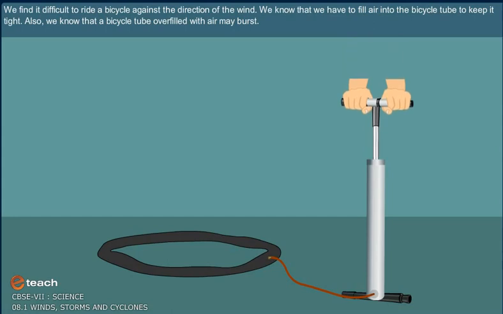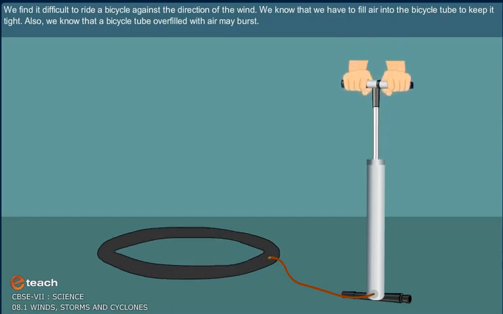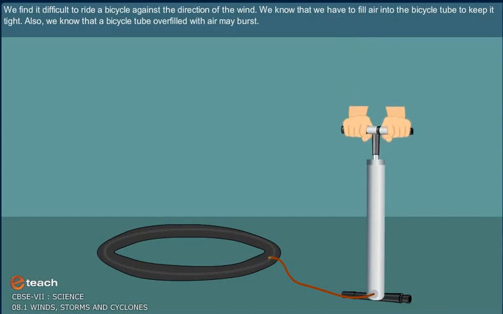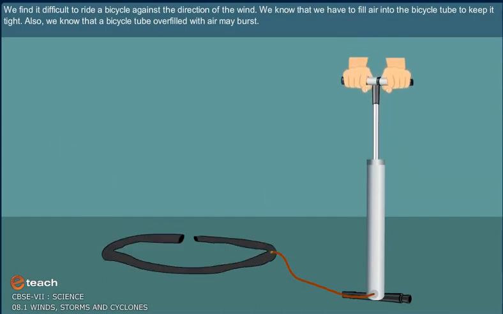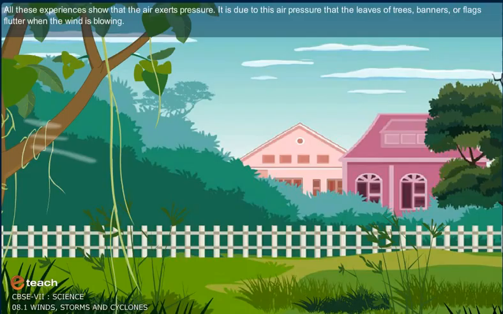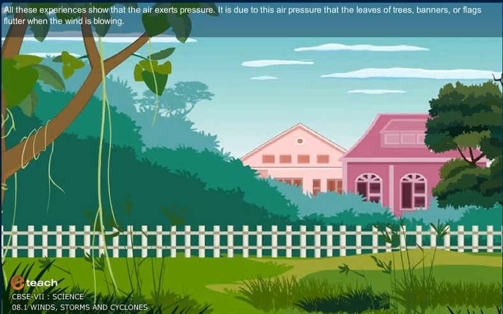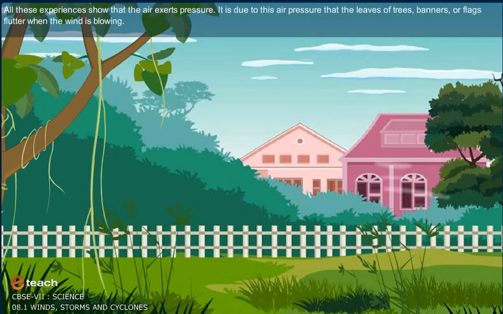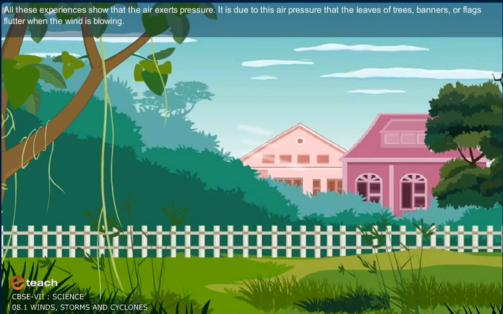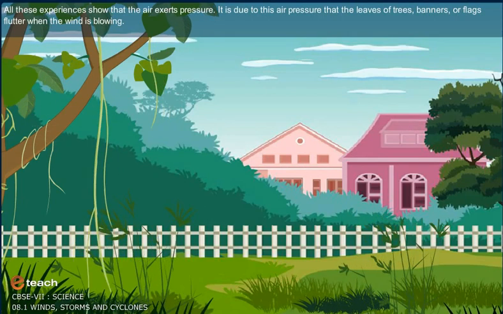Also, we know that a bicycle tube overfilled with air may burst. All these experiences show that air exerts pressure. It is due to this air pressure that the leaves of trees, banners, or flags flutter when the wind is blowing.